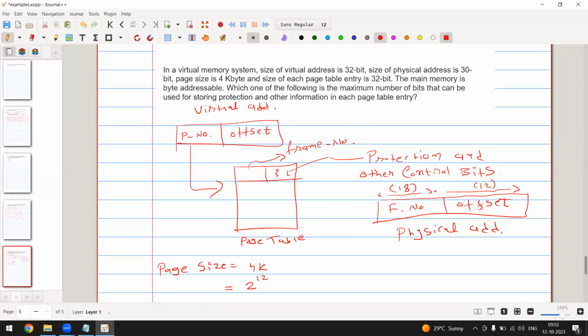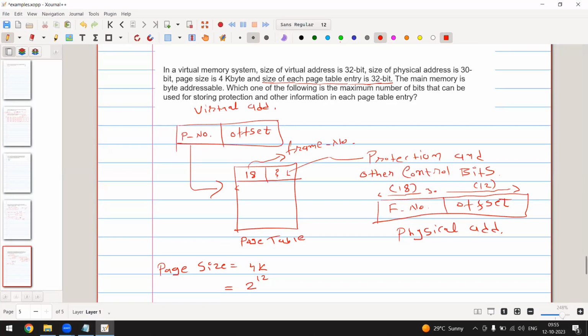So now the things are very clear, right? Since the frame number is of 18 bits, here also you require 18 bits. And what is the size of the page table entry? It is given somewhere. The size of each page table entry is 32 bit.